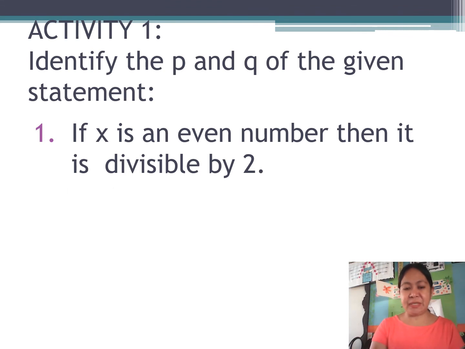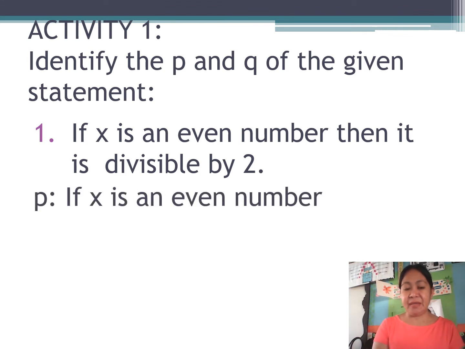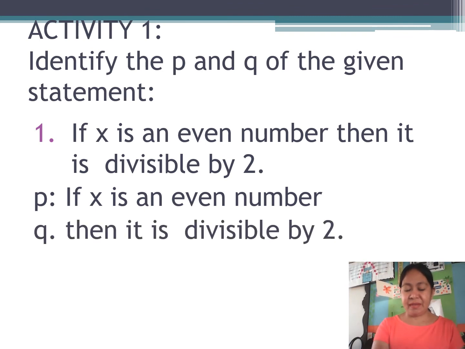Okay, let's check if your answer is correct. The if clause or P is: if x is an even number, and Q or the then clause: then it is divisible by 2.